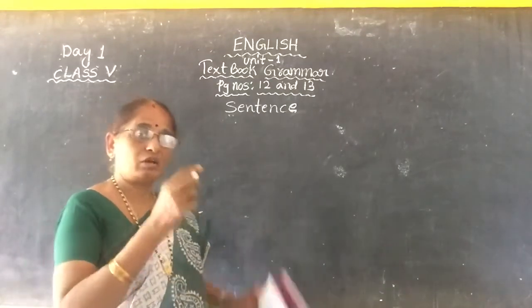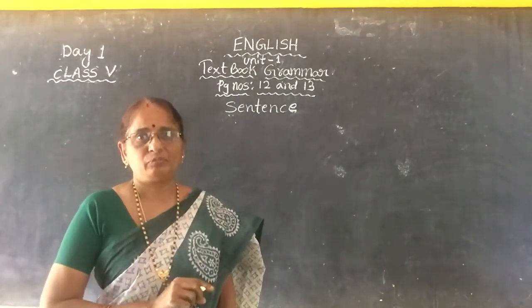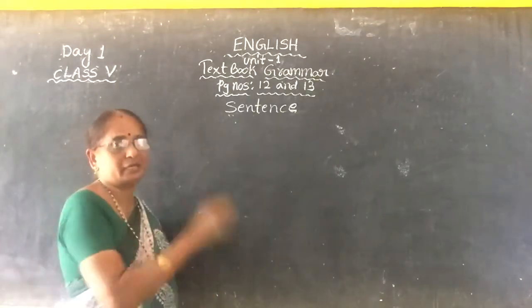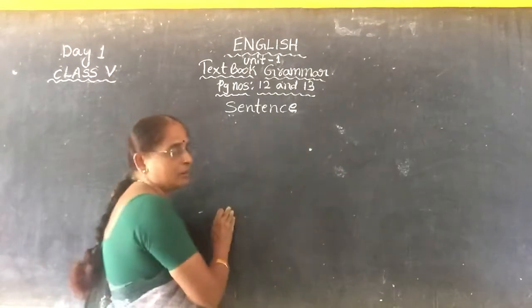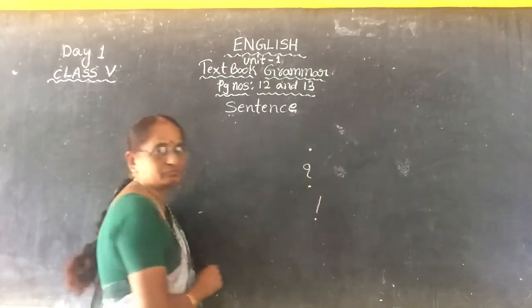Okay, and there are some rules and regulations on how to form a sentence. First, children, we have to use a capital letter, and end the sentence with a full stop, question mark or exclamation mark.